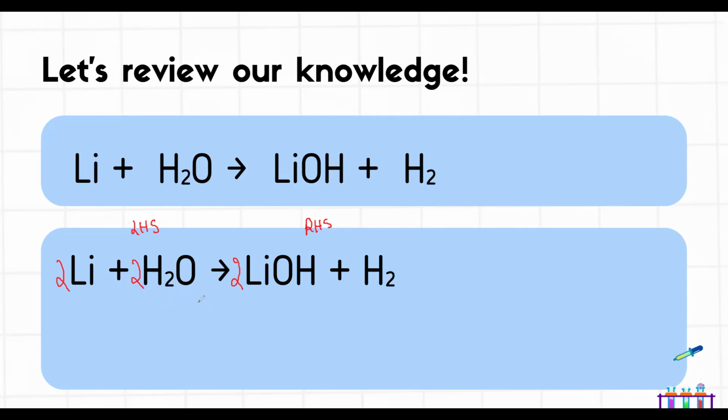So what is the final balanced equation? 2Li plus 2H2O gives you 2LiOH plus H2, in which on both sides there are 2 lithiums, 4 hydrogen atoms, and 2 oxygen atoms. So this was very easy.